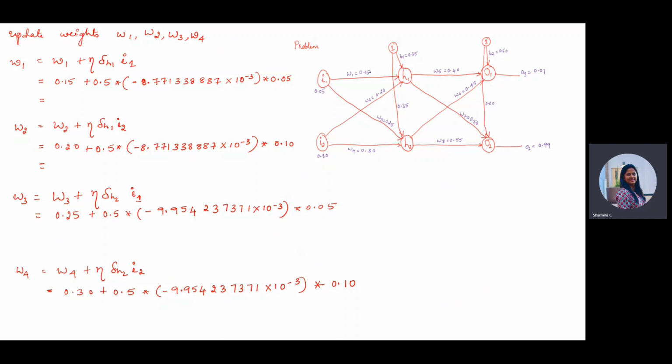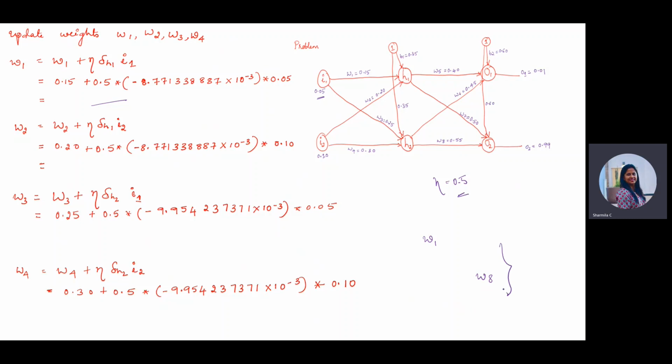So W1 equals W1 plus the learning rate, which we have considered as 0.5, times delta H1, the error term calculated here, into 10 to the power of minus 3, times I1. The I1 value here is 0.05. Substitute this and we get some value. In a similar way, update the weights W3, W4 and W2.